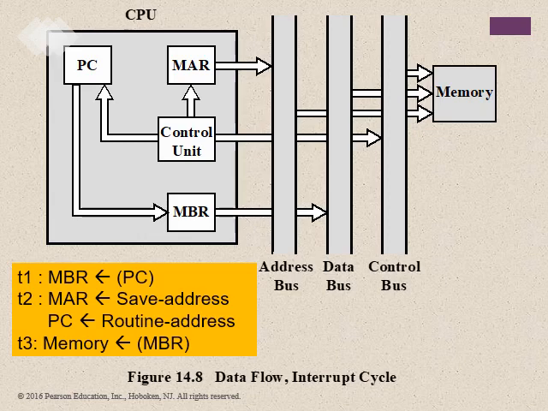The current content of the PC must be saved so that the processor can resume normal activity after the interrupt. So whatever we're doing, we have to save the address of that. The content of the PC is transferred to the MBR to be written into memory. So from PC we go to MBR.